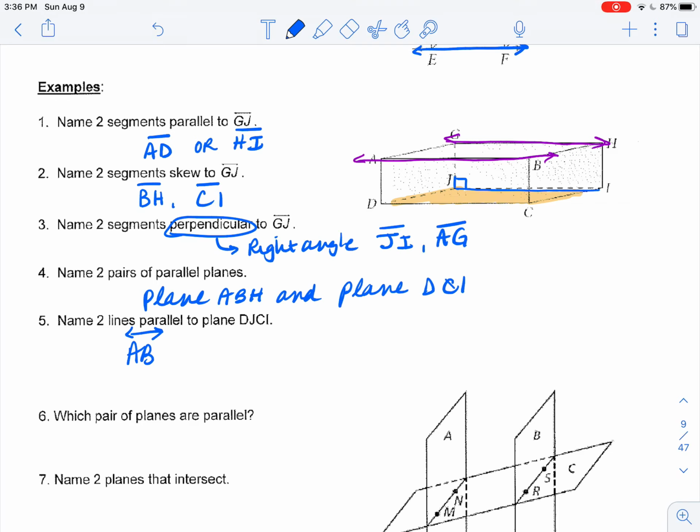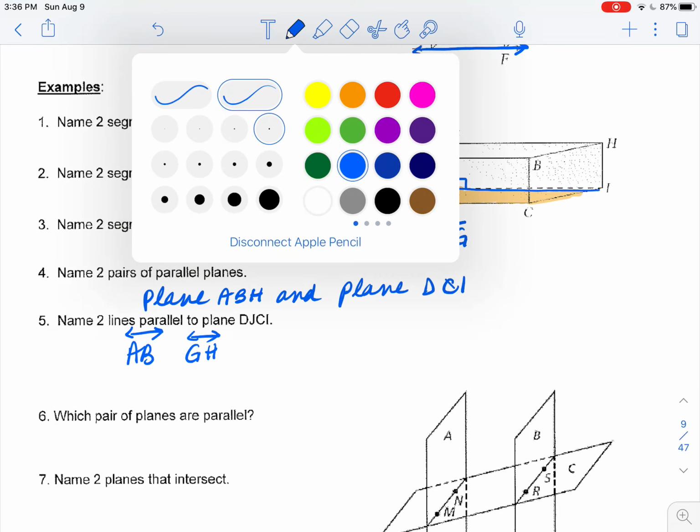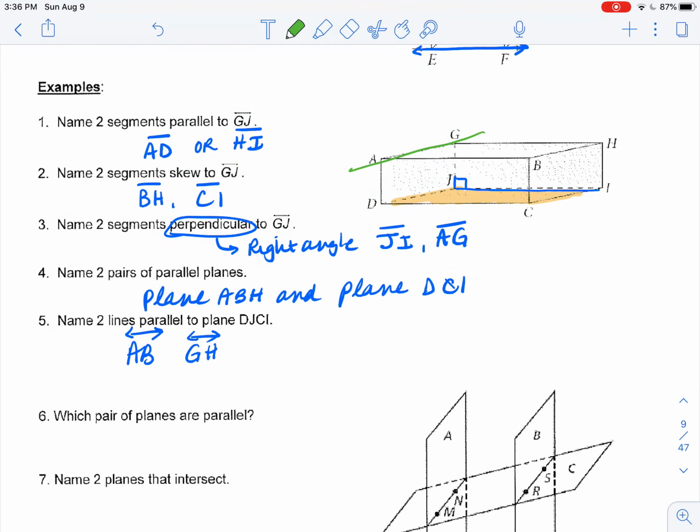And if we want lines, we need to have arrows on the ends. Now, we could also go in the other direction instead of going in the horizontal. Well, they're both horizontal, but we could be coming in this direction and say that AG is parallel to this plane as well as BH. So there are other options.